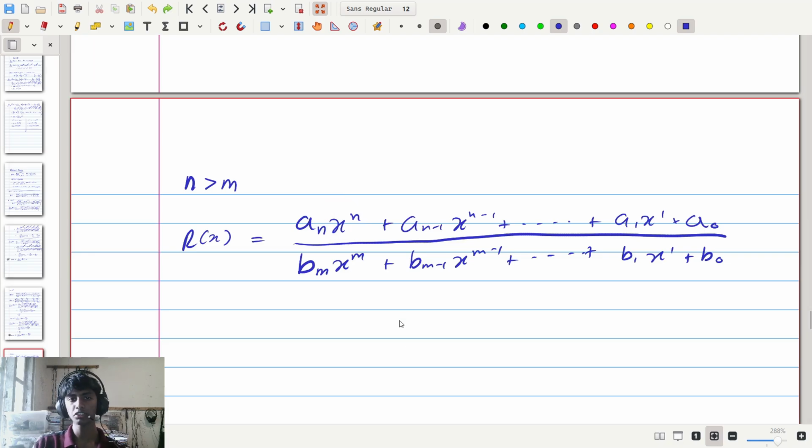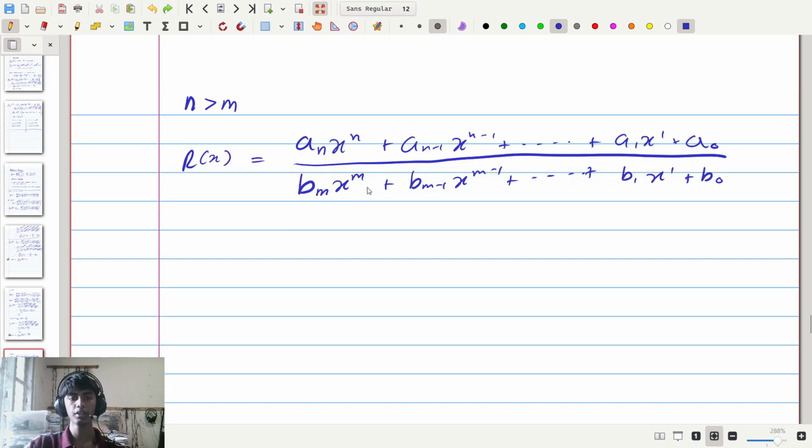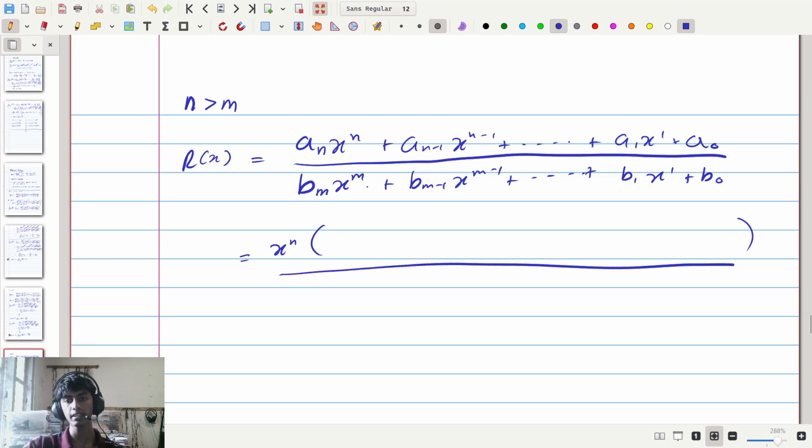So let's see what happens if we factor out x to the power of n from the top and bottom as well. On top we have x to the power of n times some function, and on the bottom x to the power of n times some function.